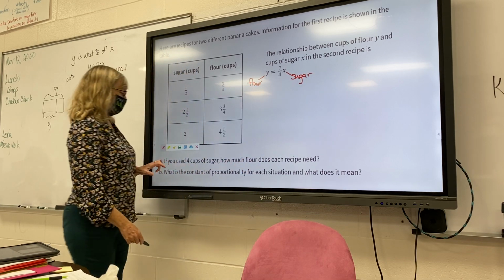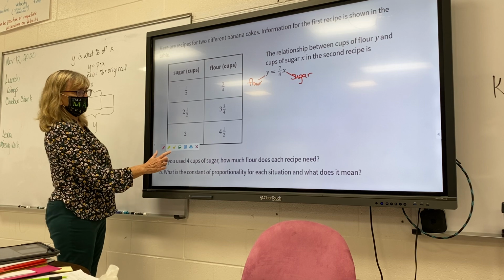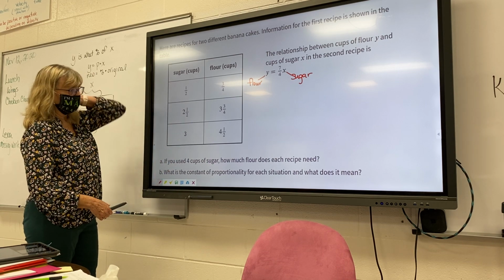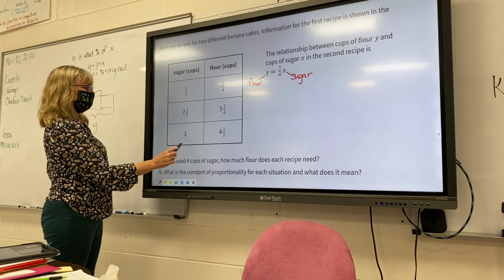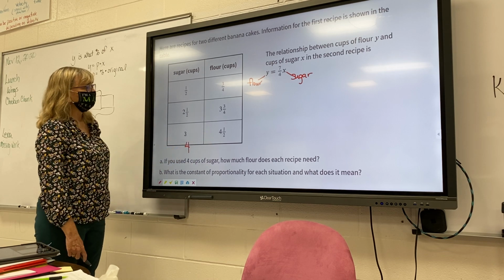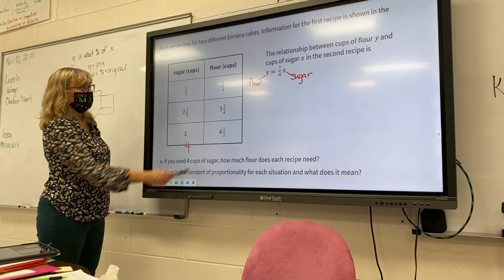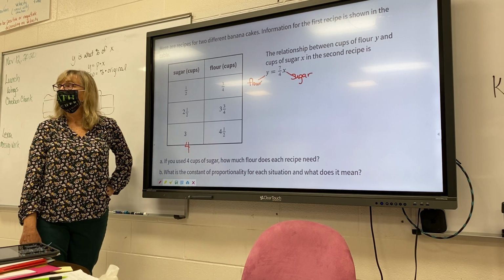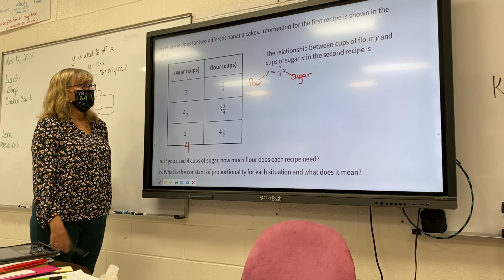Okay. If you used 4 cups of sugar, how much flour does each recipe need? So if I use 4 cups of sugar, how much flour would I need? How can I figure that out? What could I find?